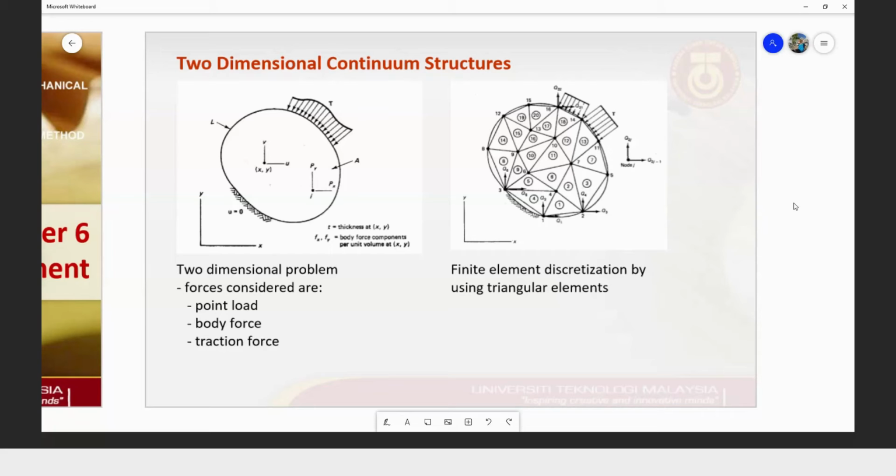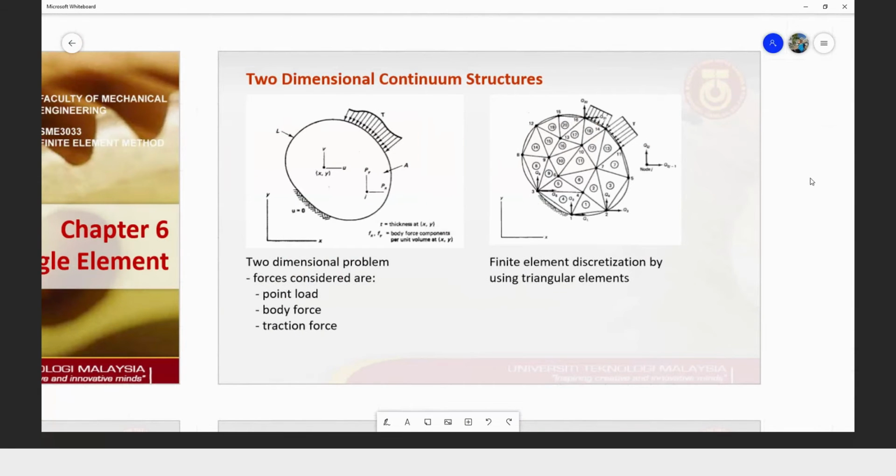So CST is just a type of element which is in a triangular shape. One triangle represents one CST element. For one triangle, we have 3 nodes.